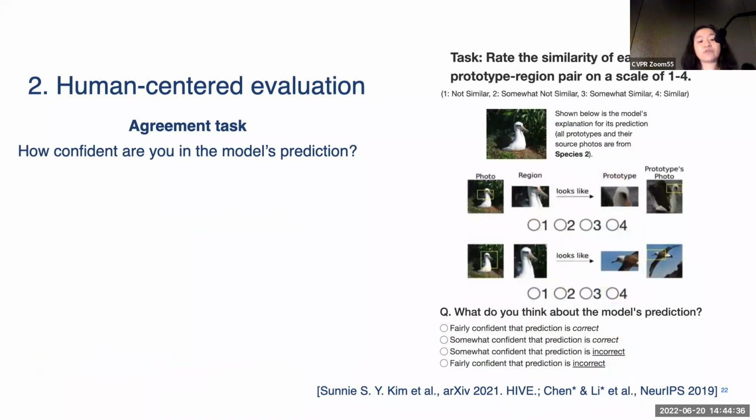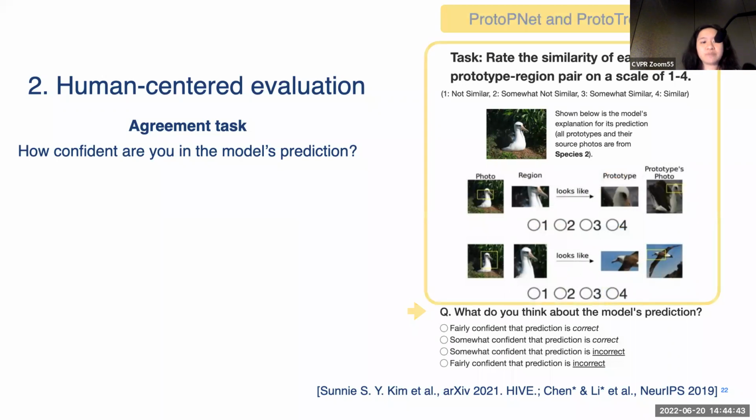Here's a condensed UI for our agreement task, which asks participants to rate their confidence in a model's prediction. For prototype-based explanations, we also include the similarity rating subtask in both the agreement and distinction tasks, which asks participants to rate how similar an image patch on the left is to a given prototype on the right. This ensured that, one, participants looked at and understood the prototype explanations, which on average were more complex than heat map explanations.